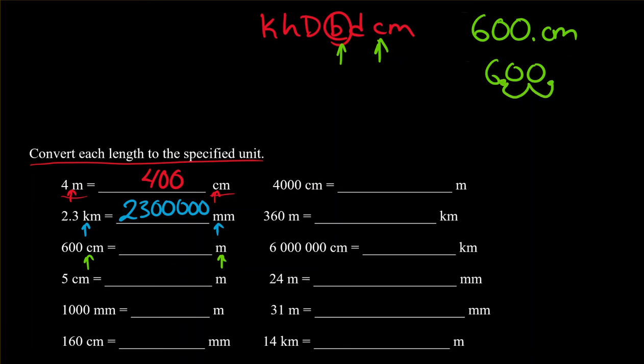This is 6.00 meters, or just 6 meters. If we're not worried about significant digits, then we can just drop all the zeros after the decimal point. But if we are worried about significant digits, which we're not in Math 10C, we can write 6.00, or we can just write 6 meters.